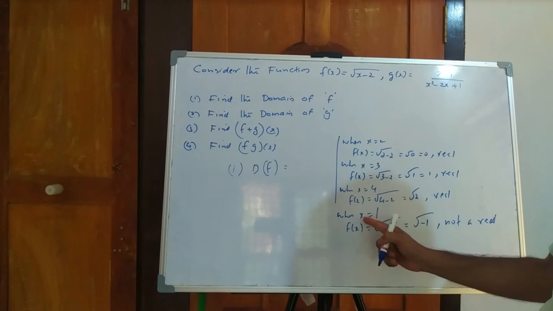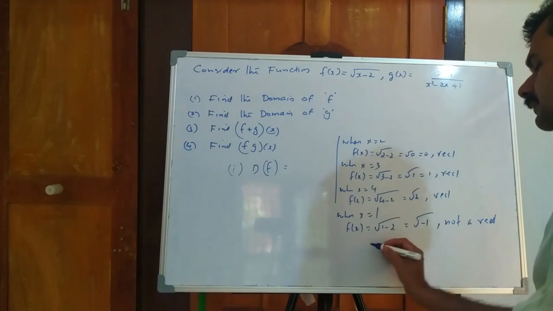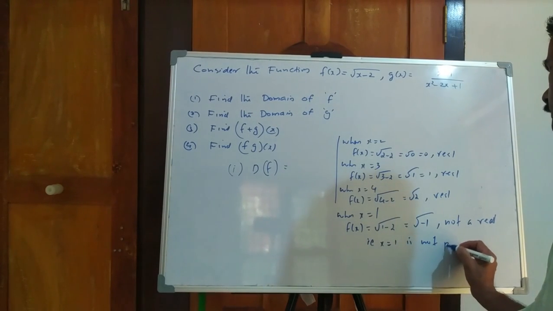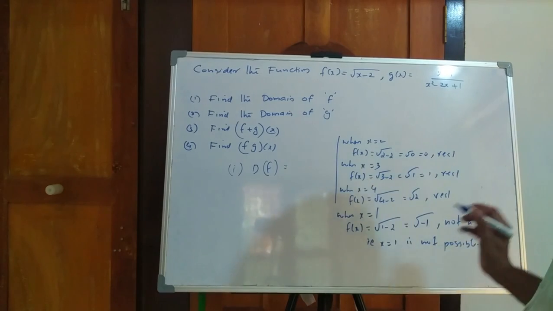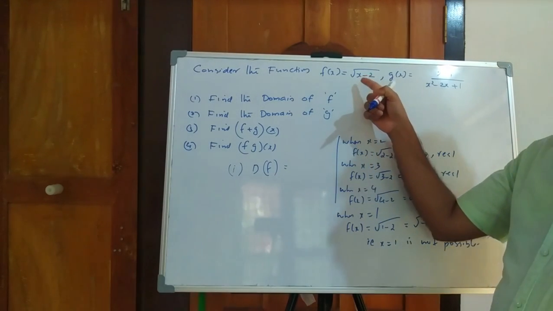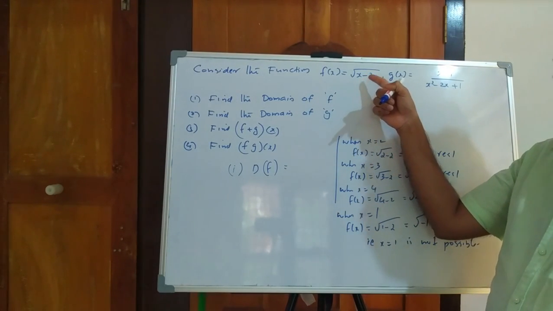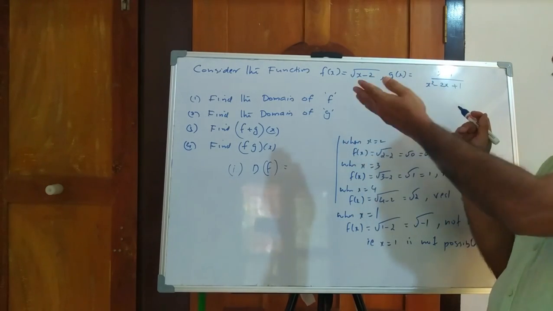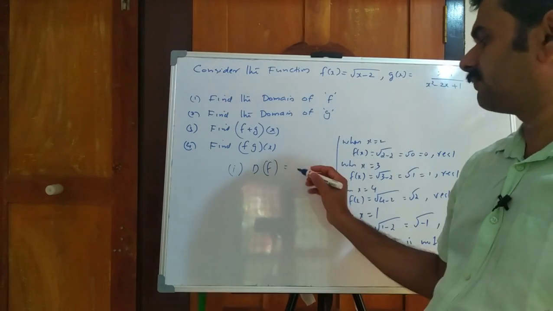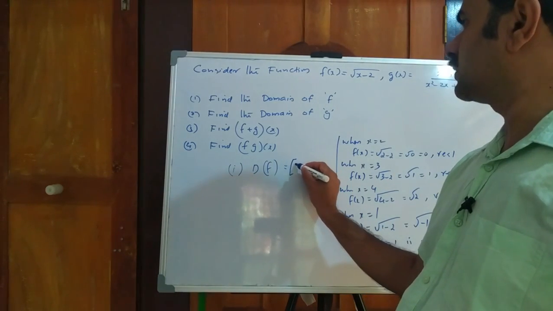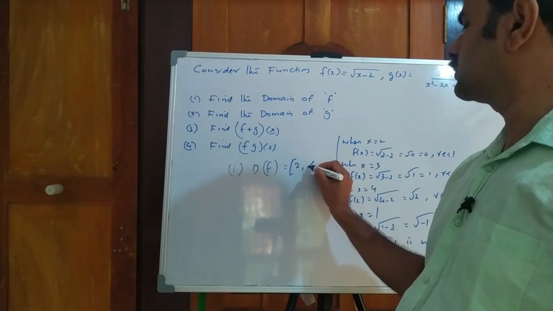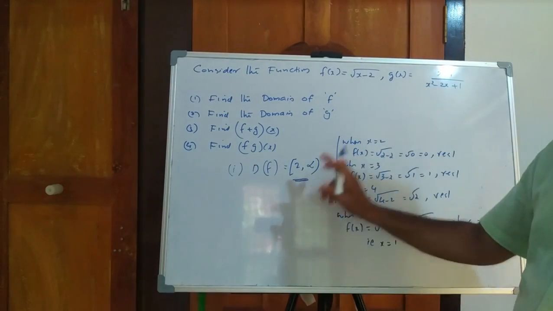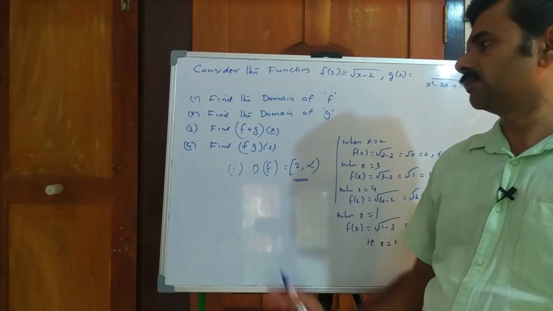So x is equal to 1 is not possible. So which are the values to be assigned for x? Values from 2 onwards: 2, 3, 4, etc. So the domain of f is equal to what? 2 is the first number, then up to infinity. To infinity is the domain of the function.